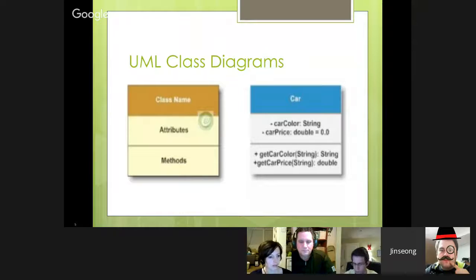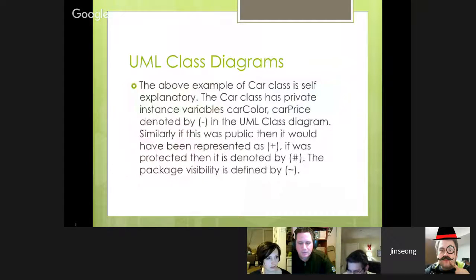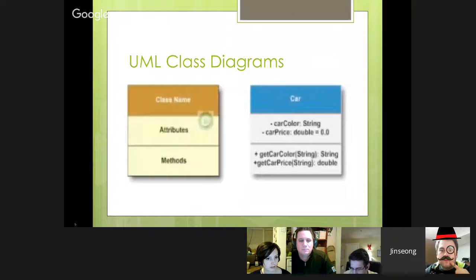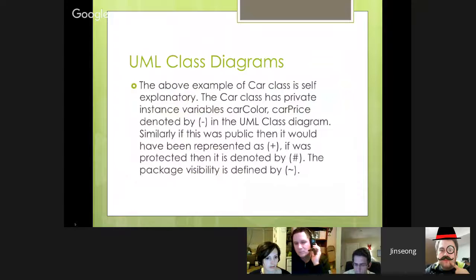For the methods, get car color string and get car price. And as you can see in the diagram, next to the car parts there are minus and plus signs. So here is the meaning of those things.